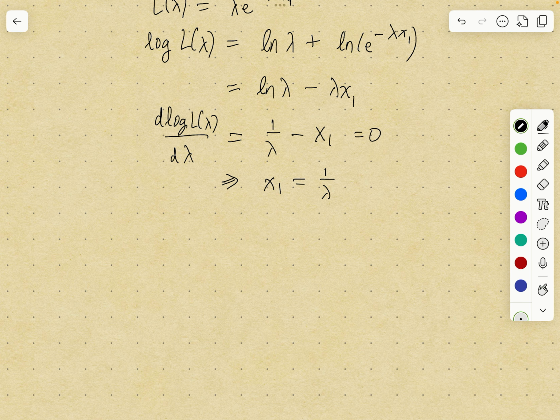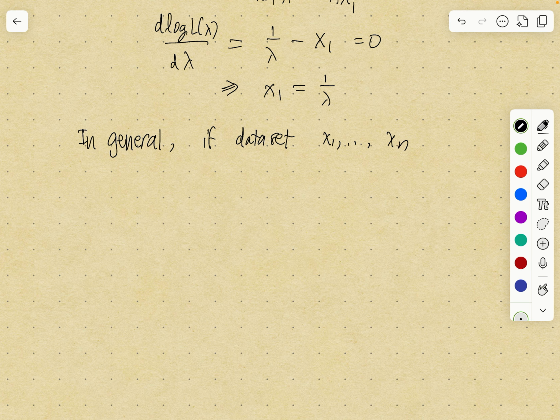Okay. What happens in general when you have your data set consisting of x1 through xn? And again, this is with the exponential distribution, right? So we're trying to find the lambda that maximizes the probability that you end up getting this data set x1 through xn. Okay.